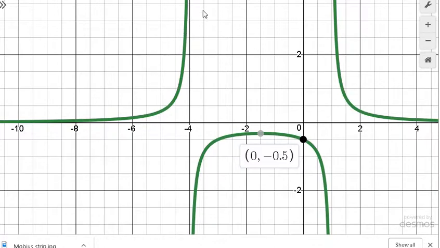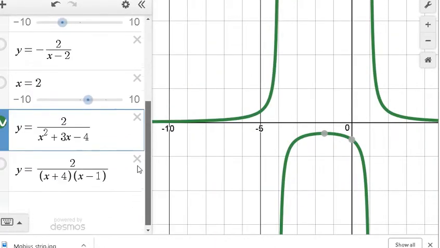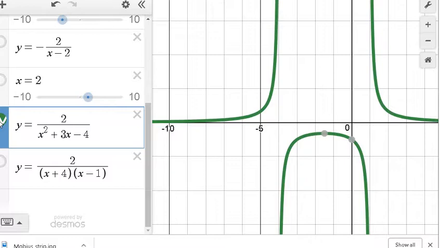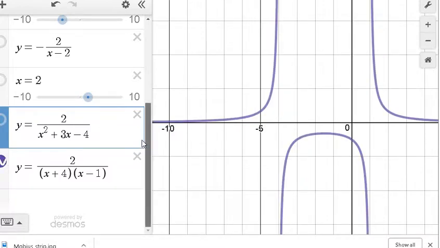Vertical asymptotes. So how do you predict where there's going to be a vertical asymptote? Well, what if I factored the denominator? What if instead of writing this, I wrote it factored? What problems can I run into with different values of x? At -4 and at 1, the denominator is 0.